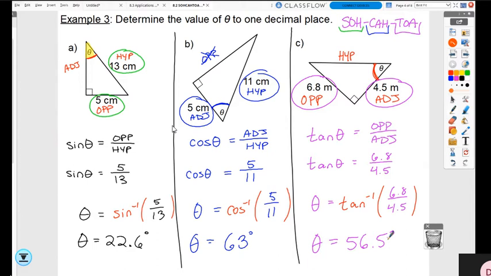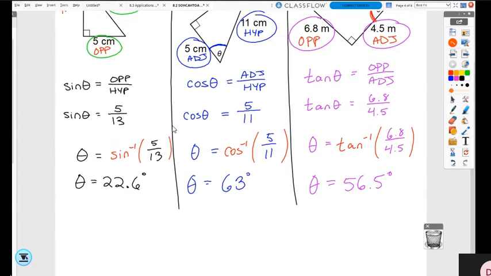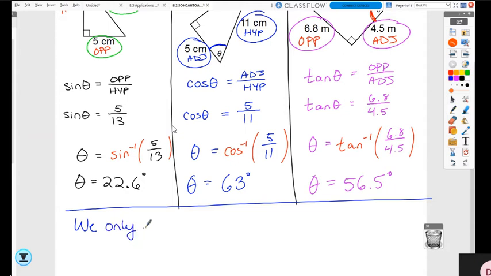Folks, just to note, the only time you will ever use the inverse, maybe we could even write this down underneath here, is when you're solving for an angle. Oops, inverse. That looks like it says metaverse. Hold on, let's not go there.